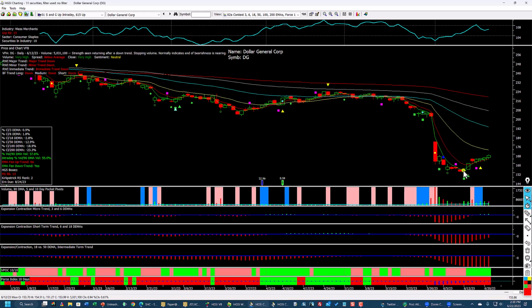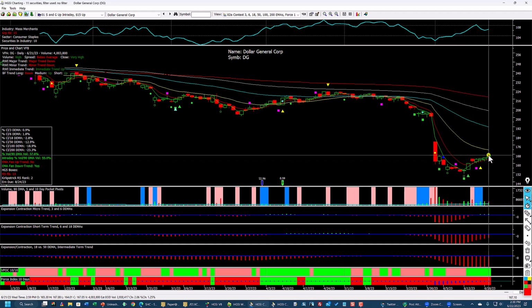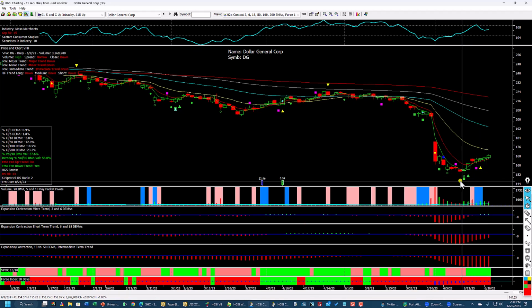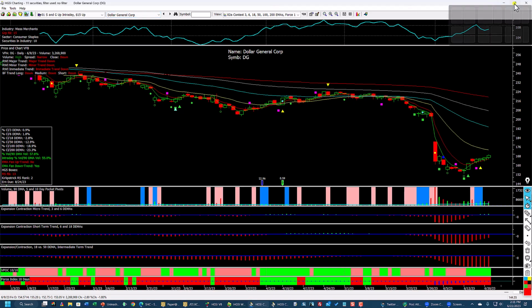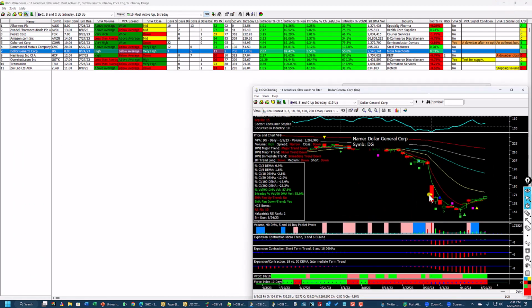And this has moved from around the 154 level from that stopping volume, and it's now up at 165, and it got as high as 167 today. So if you're inclined to bottom fish, and especially these well-known names, that's a relatively low-risk trade.